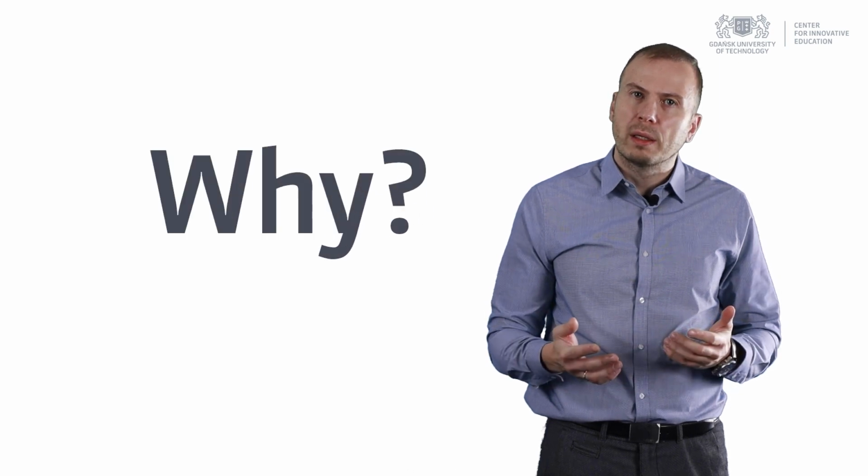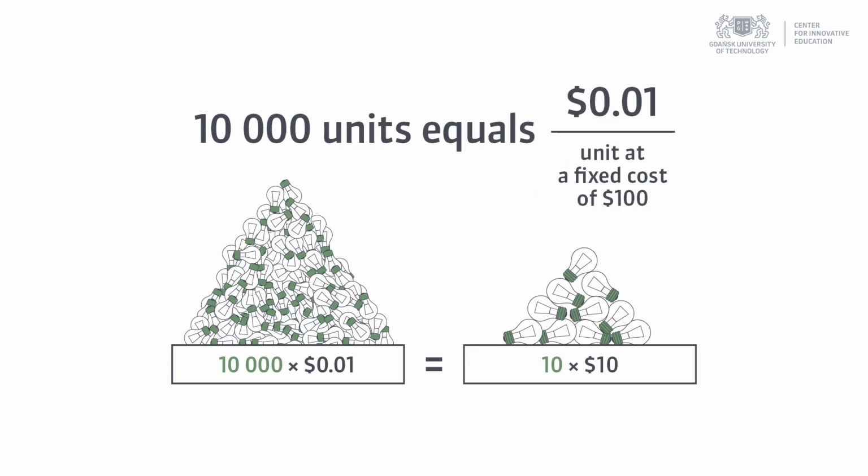In practice, this means that as production increases, it is easier to cover the fixed cost. Why? Because it is much easier to cover the same fixed cost of $100 by selling 10,000 units than by selling only 10 of them.